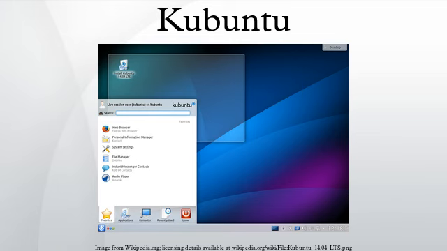The Kubuntu team released the first edition, Hoary Hedgehog, on April 8, 2005. K Desktop Environment 3 was used as default interface until Kubuntu 8.04. That version included KDE Plasma Desktop as an unsupported option, which became default in the subsequent release, 8.10.